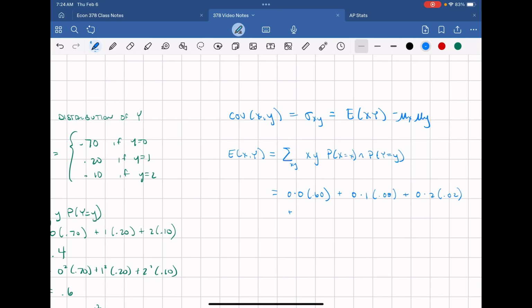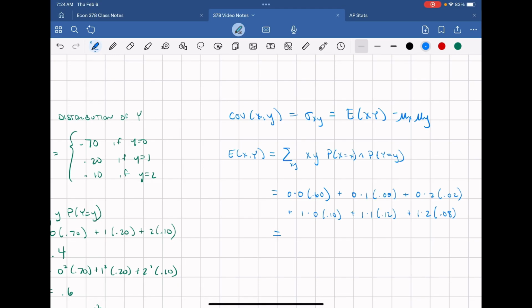Plus, when x is 1 and y is 0, that happens with a probability of 0.10. Plus, now we get to the values that have non-zero values. X is 1 times y is 1. That happens with a probability of 0.12. Plus, x is 1 times y is 2. That happens with a probability of 0.08.